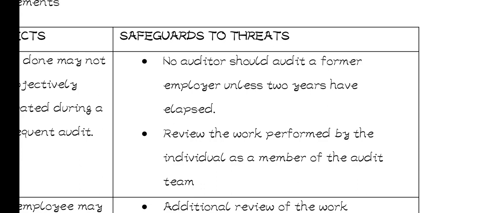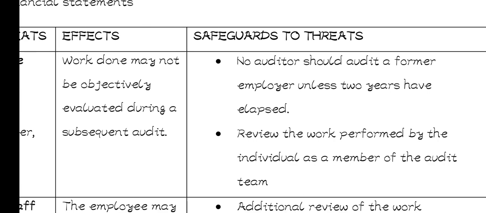Then review the work performed by the individual as a member of the audit team. You can get someone independent to go through what that person did. So those are the two safeguards. You review the work performed, then no auditor should audit a former employer unless 2 years have elapsed.